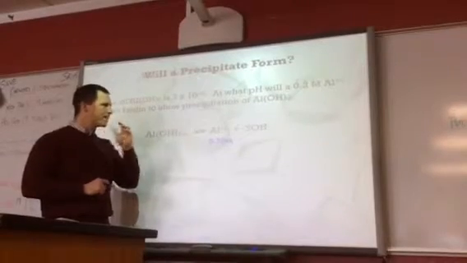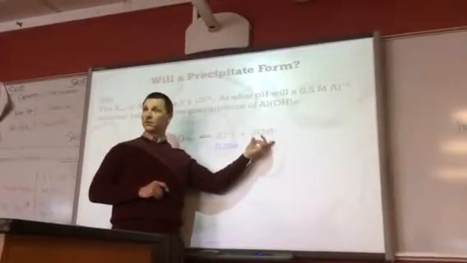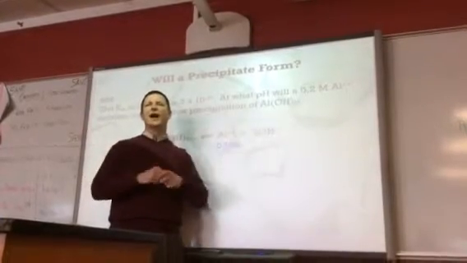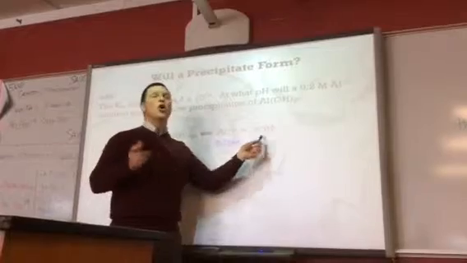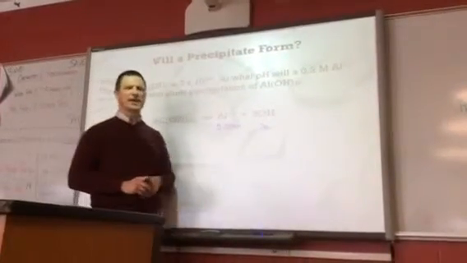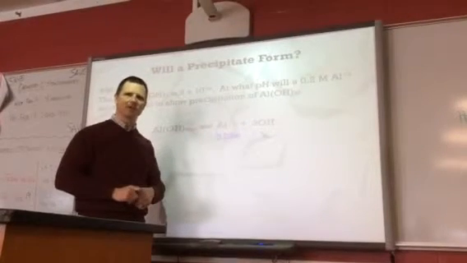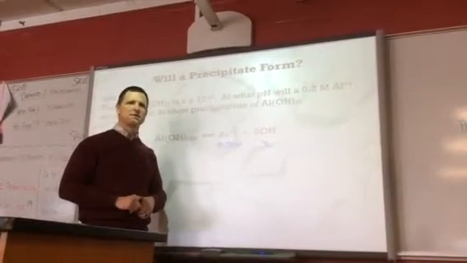Is the hydroxide concentration related to pH? Yes, it is, with the two steps, pOH. So if I just call this thing X, can I figure out what that concentration has to be for it to shift left? Yes. Let's do that.